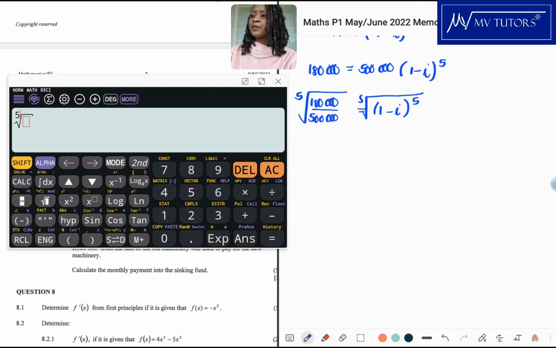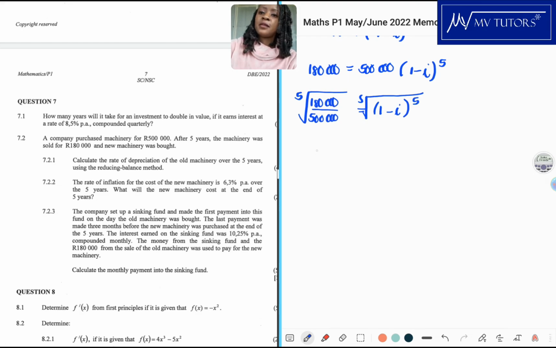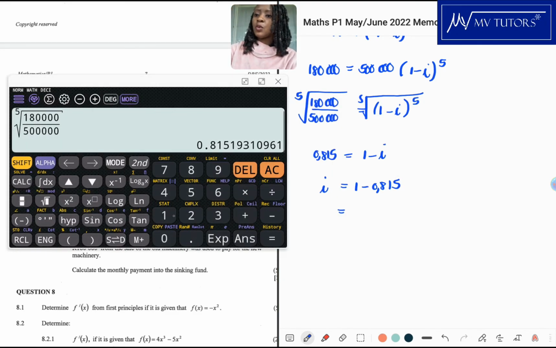So we have 5 over there, and then 180,000 over 500,000. So we get 0,815. I have 1 minus I. So if I take I that side, and I take that 0,815, now I am getting 1 minus the answer, which is 0,1850.